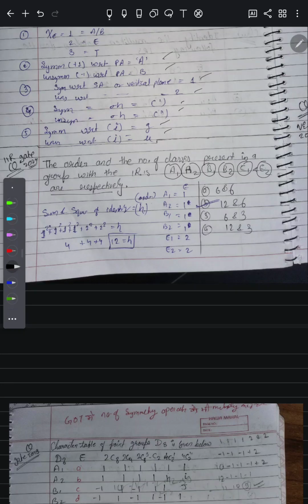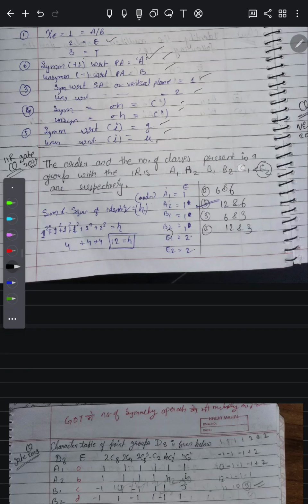As we know, the sum of squares of the identity characters is equal to the order. So the value for A1 and A2 is 1, B1 and B2 is also 1, and if E is present then we use 2, so it is 2 and 2.